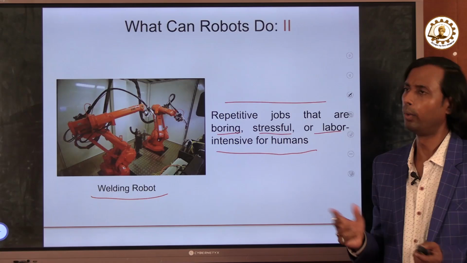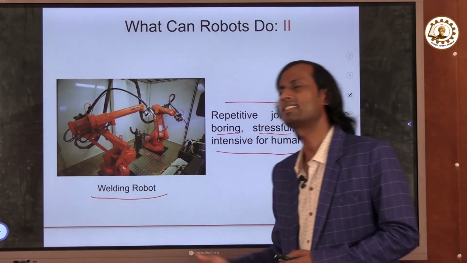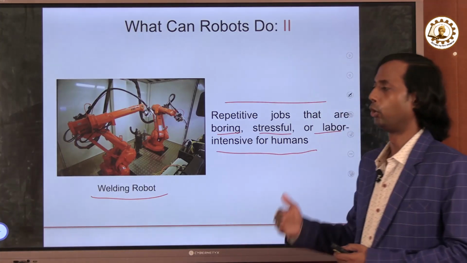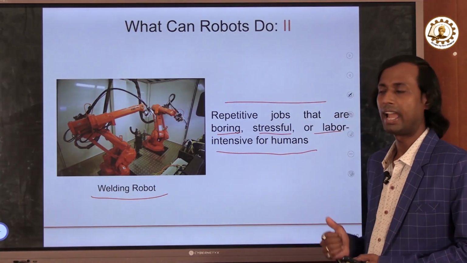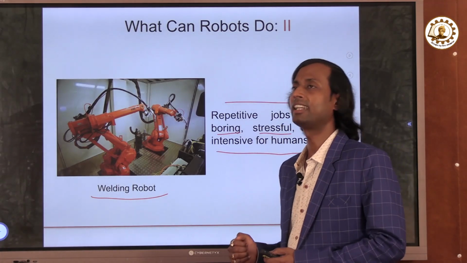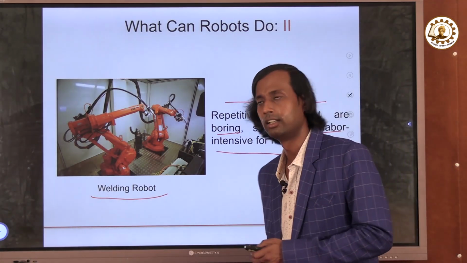Welding robot, it's a repetitive job. So why should human beings engage in that type of job? If a robot can do that, obviously our productivity will increase, accuracy will be better, and the human being is required for controlling it.